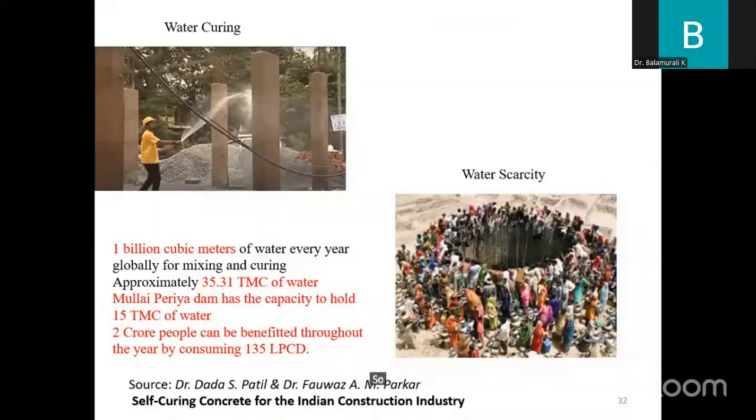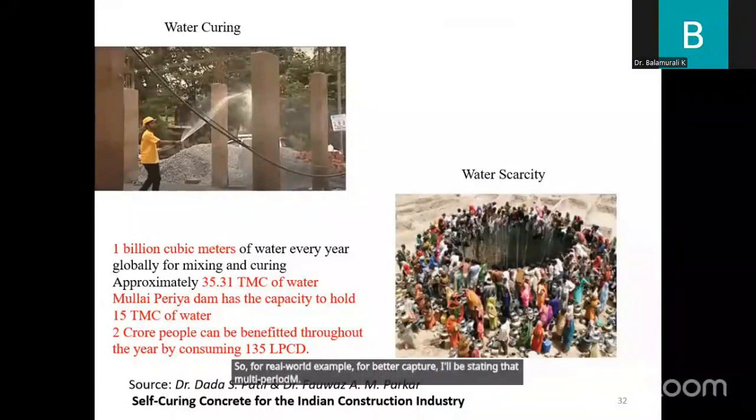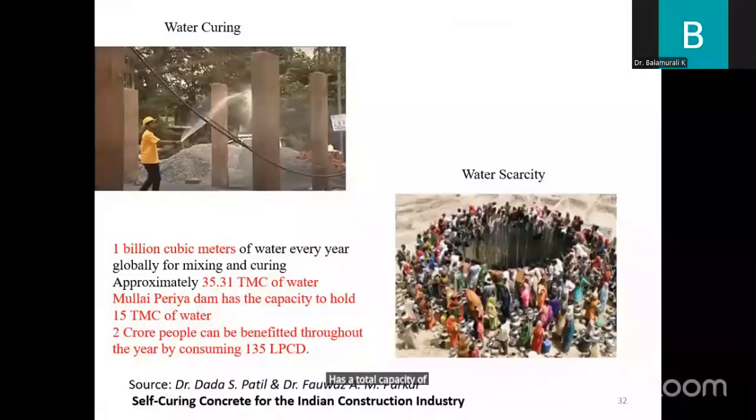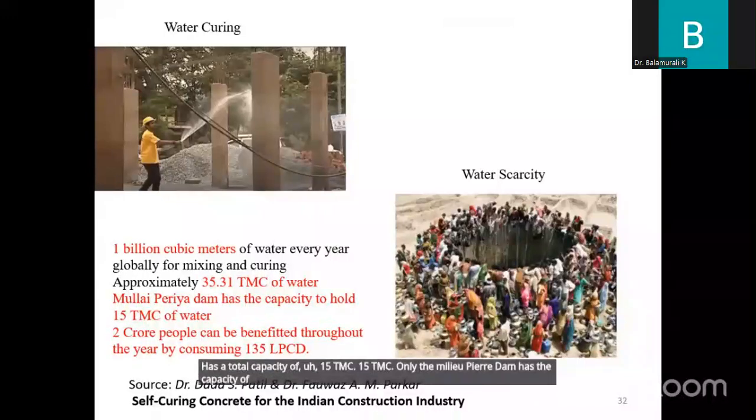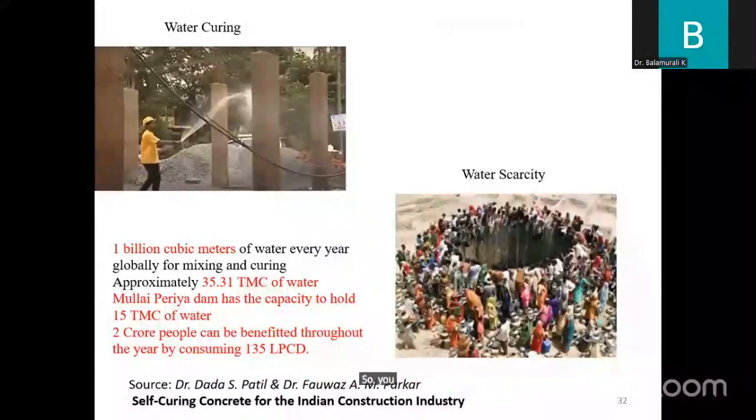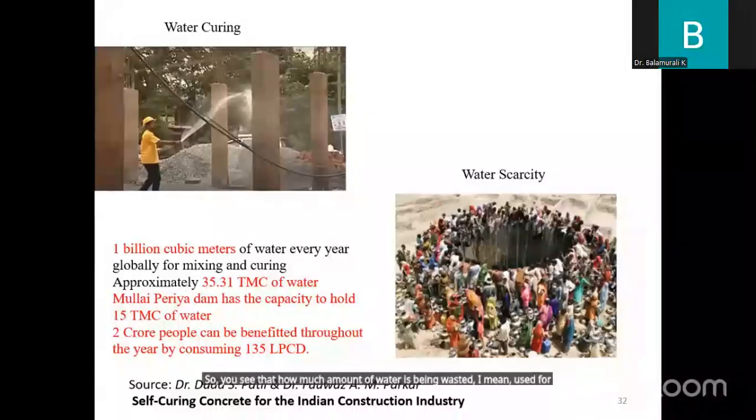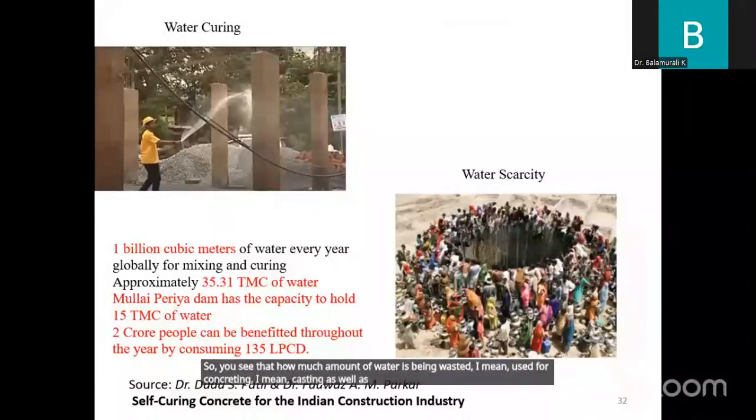So for a real world example, for a better grasp, I'll state that the Mullai Periyar Dam has a total capacity of 15 TMC. Only the Mullai Periyar Dam has the capacity of 15 TMC. It cannot store beyond that. So you see how much water is being wasted, I mean used, for concreting, casting as well as curing purposes in concrete structures.